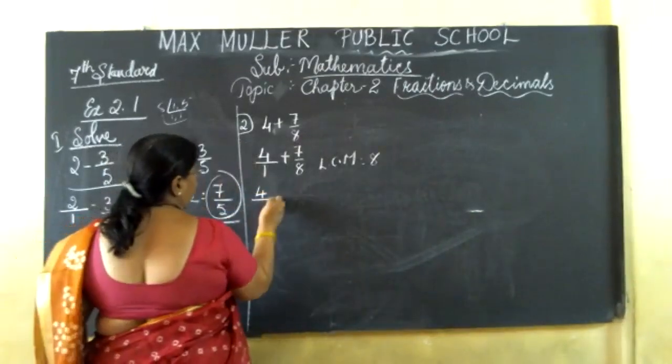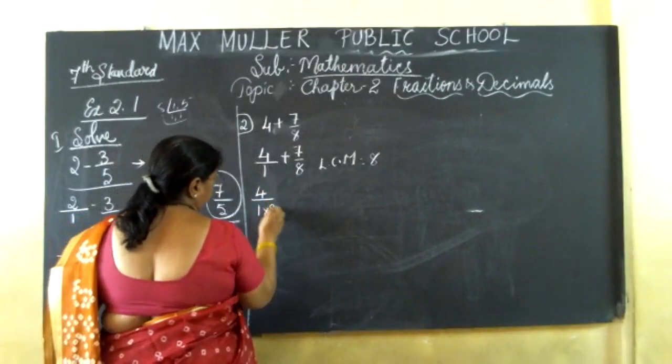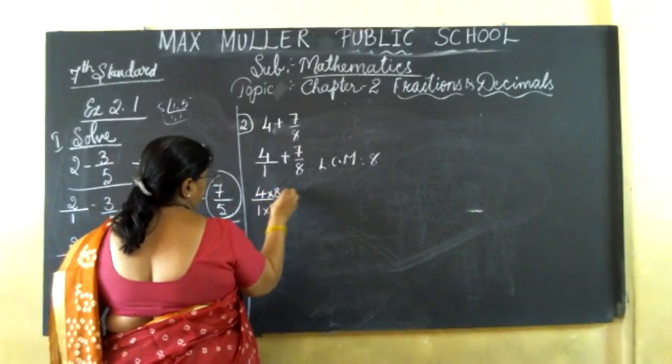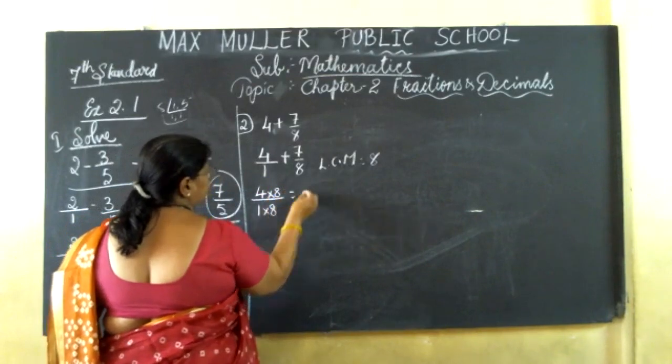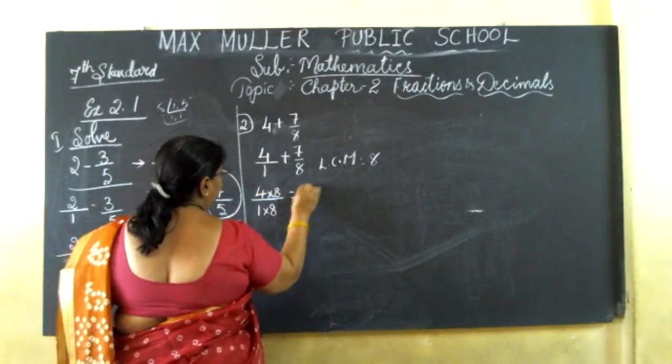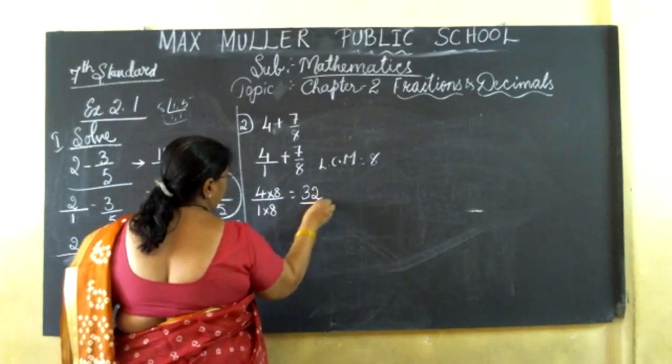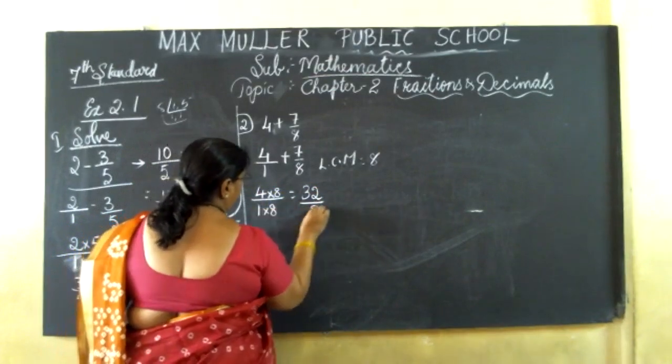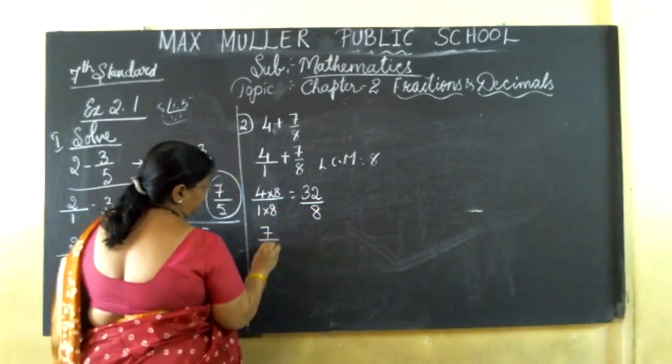So 4 into 1 into 8, LCM is equal to 8. 8 fours are 32. 8 ones are 8. 7 by 8.